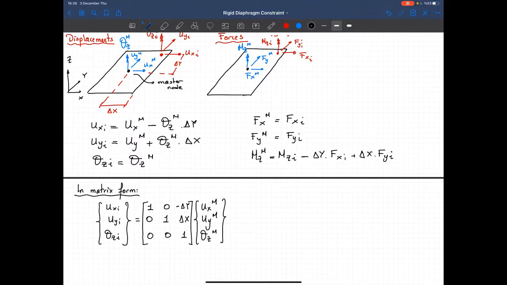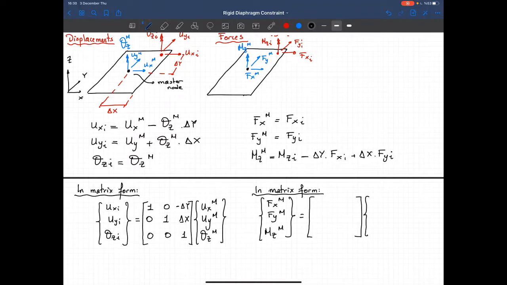Let's write the relationship in the forces in matrix form. So we got Fxm, Fym, and Mzm on one side, a transformation matrix, and I have Fxi, Fyi, and Mzi.